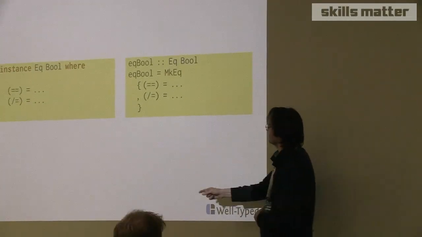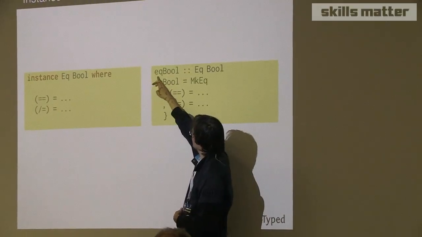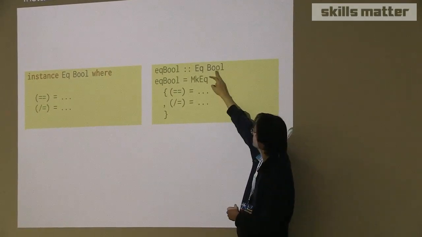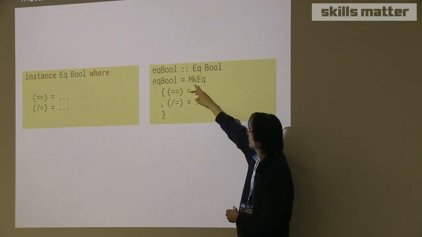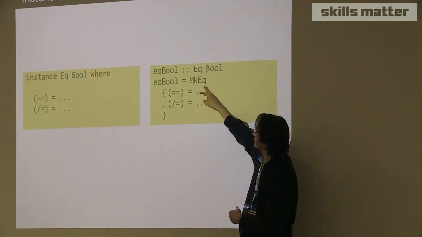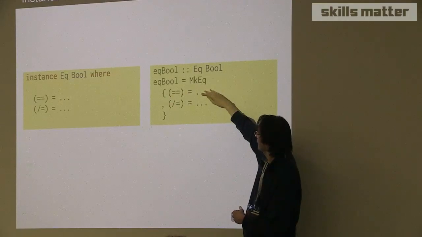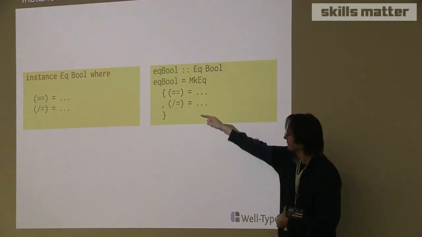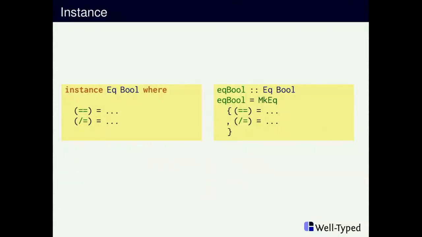So this is representing the equality instance for Booleans, and it is of type EQ bool, and it is a record of this type, so we're constructing it using make EQ, and it has a definition for equals and a definition for not equals that are coming from translating the definitions over there.